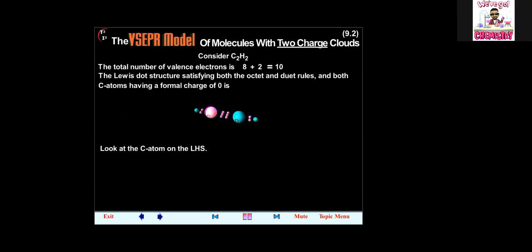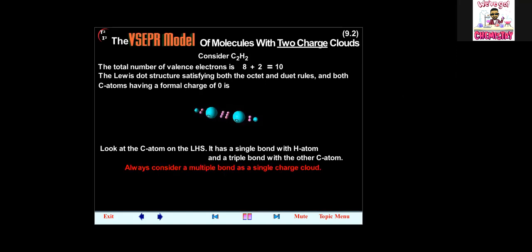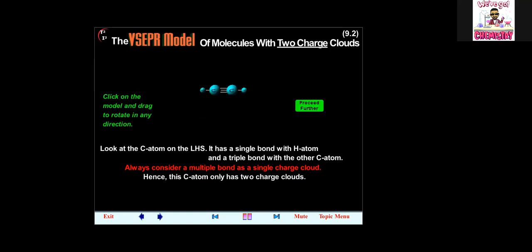Look at the carbon atom on the left-hand side. It has a single bond with the hydrogen atom and a triple bond with the other carbon atom. Always consider a multiple bond as a single charge cloud. Hence, this carbon atom only has two charge clouds.